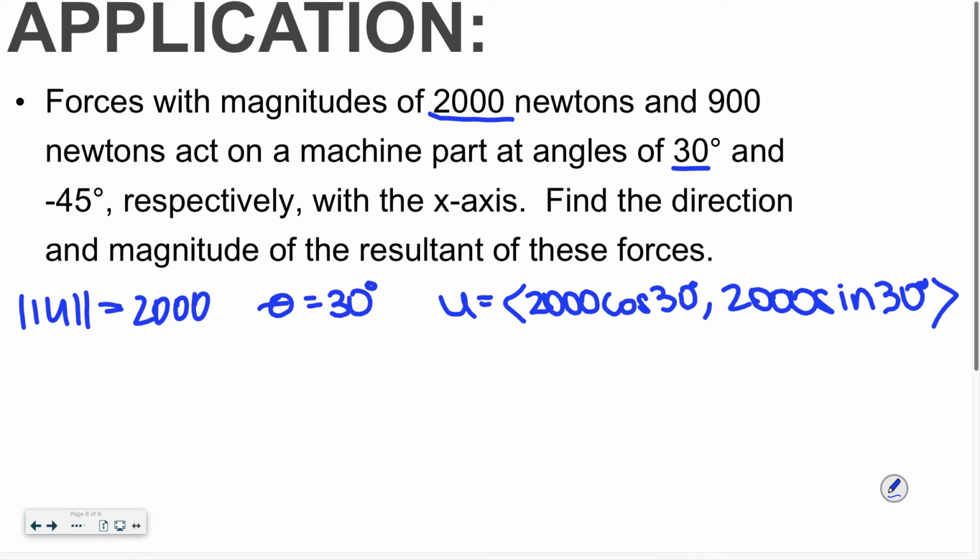Okay, 30 degrees is that nice angle, right? The cosine of 30 degrees is radical 3 over 2. Times 2,000 would be 1,000 radical 3. Okay. The sine of 30 degrees is 1/2. Times 2,000 we would have 1,000.